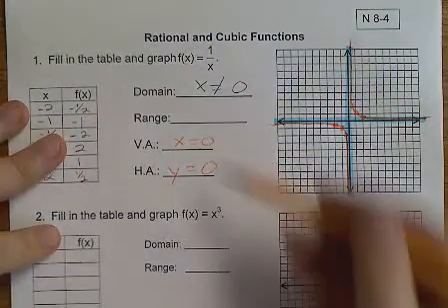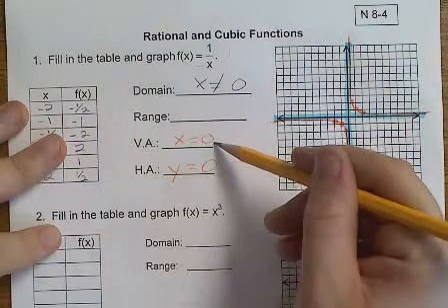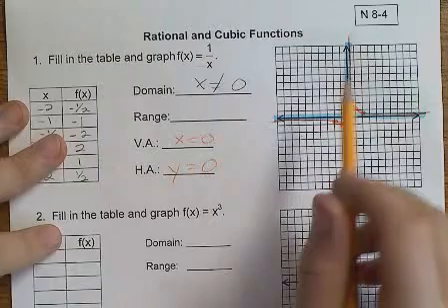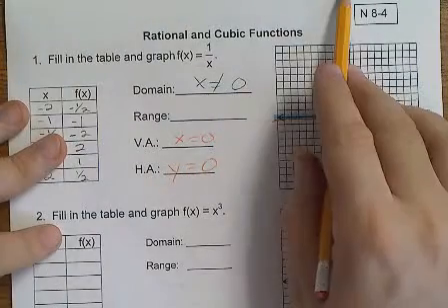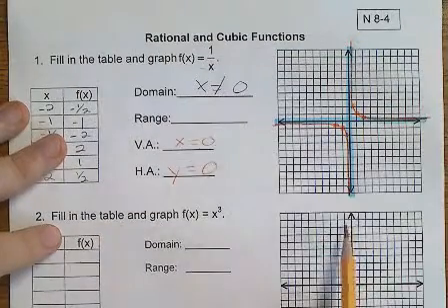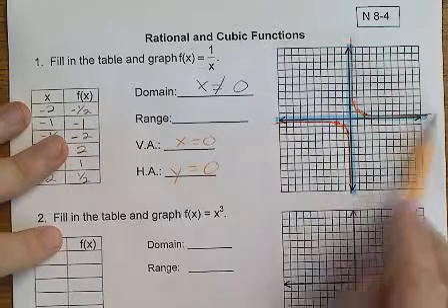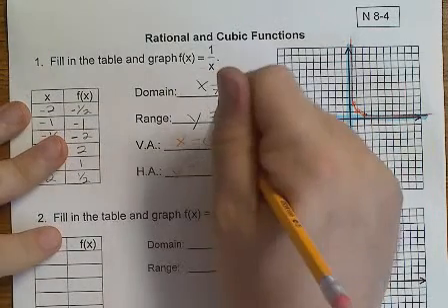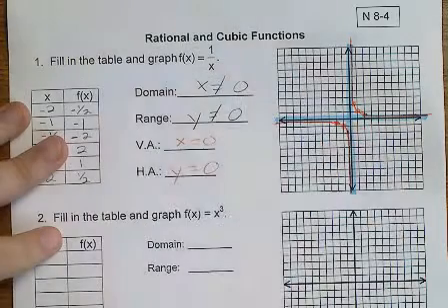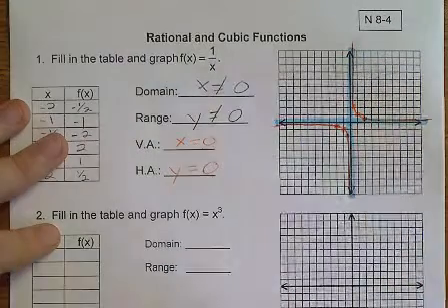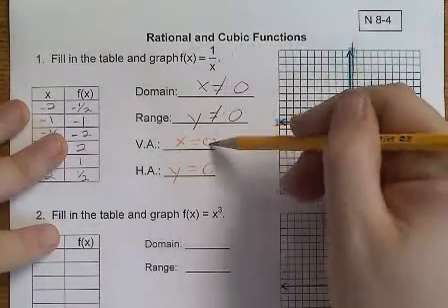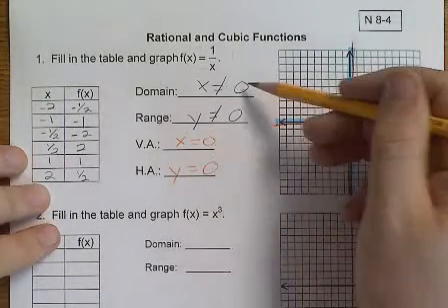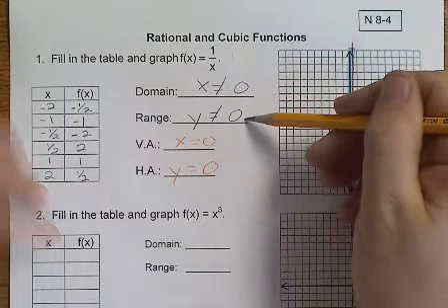Notice that's very similar to our vertical asymptote. Our range, well, we go forever from the top, forever to the bottom, except we never hit 0. So y cannot equal 0. Notice that these have been pulled directly from our asymptotes. Where our asymptotes are, that's where our domain and range cannot be.